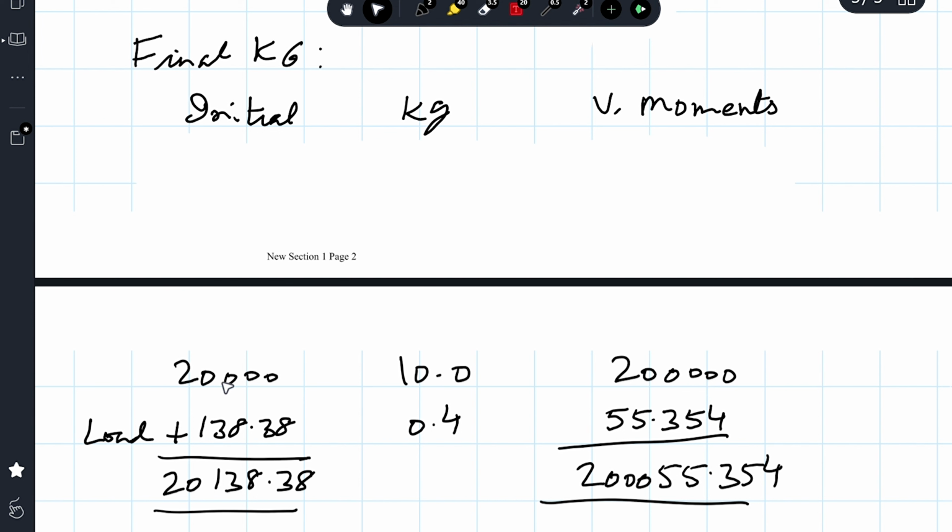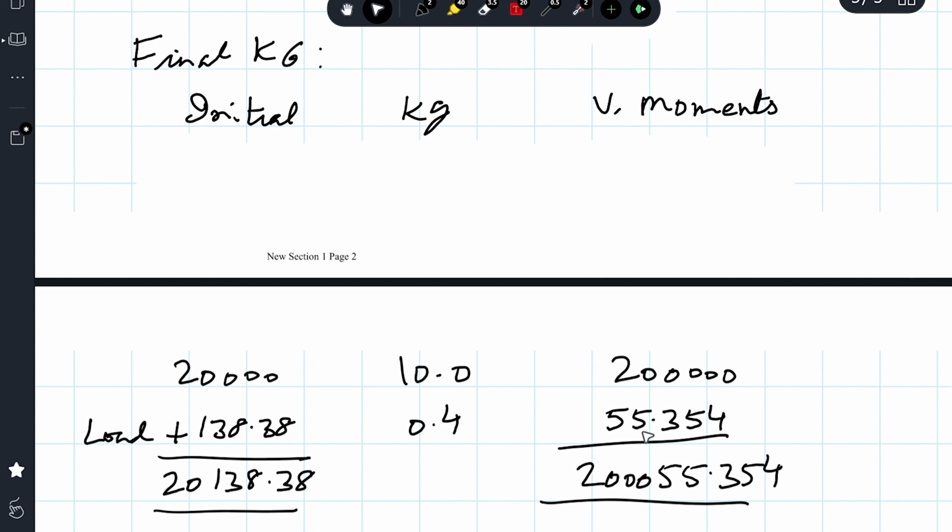Then load 138.38 tons of oil, and the KG of the oil is 0.4 meter, half of the sounding. The depth of the oil, or the sounding, is 0.8 meters and the tank is wall sided, so I can safely take the KG of the oil as half of the sounding. So 0.8, and half of 0.8 is 0.4.